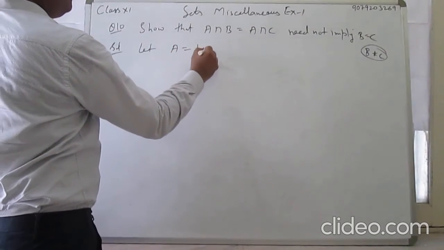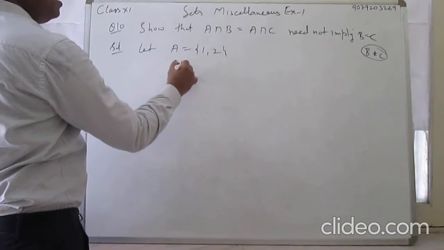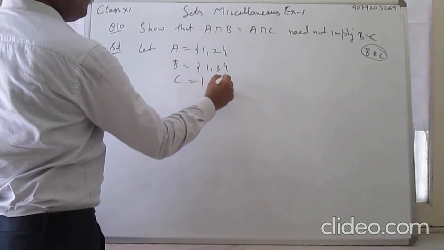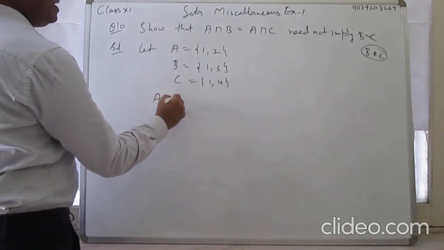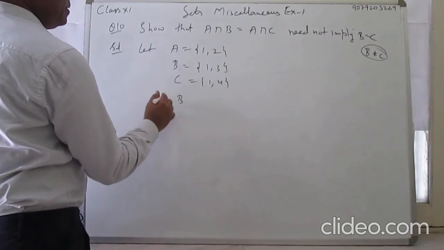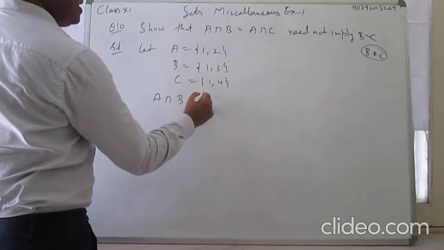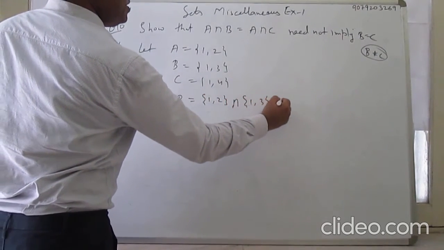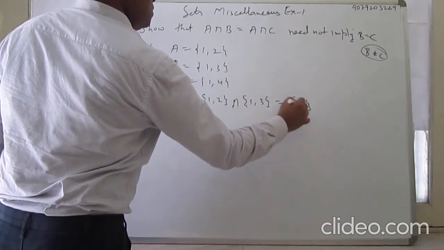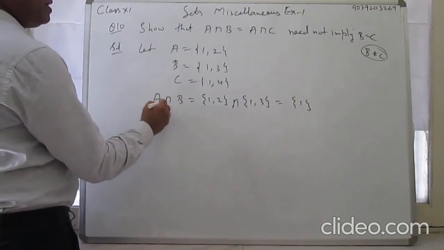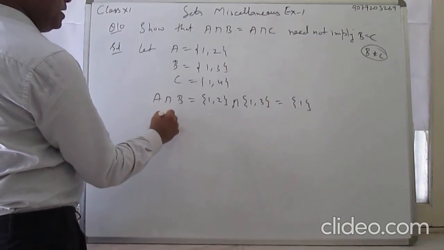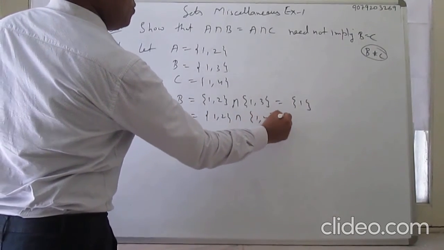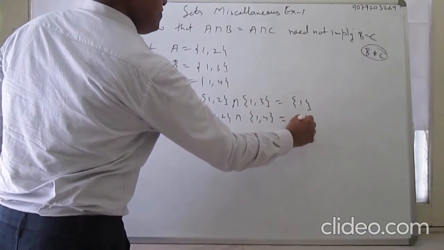Let A is equal to {1, 2}, B is equal to {1, 3}, C you can take {1, 4}. Now what is A intersection B? A intersection B, {1, 2} intersection {1, 3} is equal to {1}. A intersection C, {1, 2} intersection {1, 4}, what is intersection? 1.